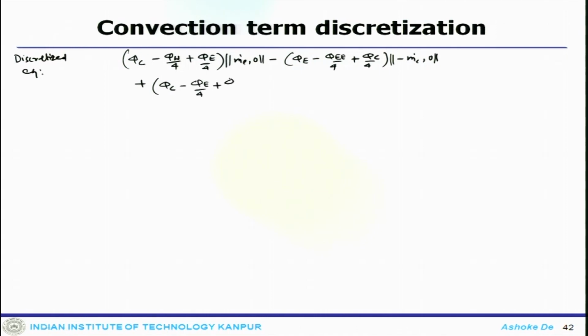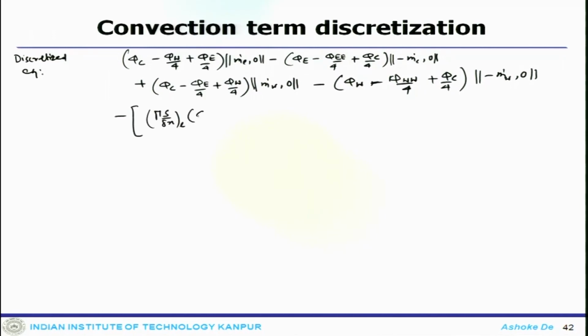The converted discretized equation would look like phi c minus phi w by 4 plus phi E by 4 multiplied with m dot E 0, minus phi E by 4 plus phi c by 4 multiplied with m dot E 0, and then you get phi c, phi E by 4, phi w by 4 multiplied with m dot w 0, minus phi w by 4 plus phi c by 4 multiplied with minus m dot w, and then we have the gamma term or the diffusion term.